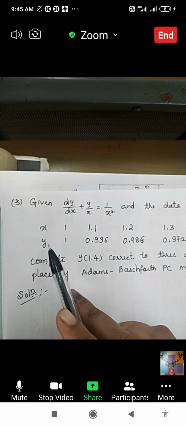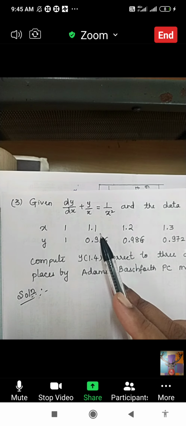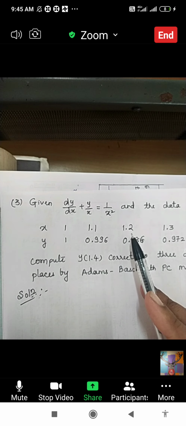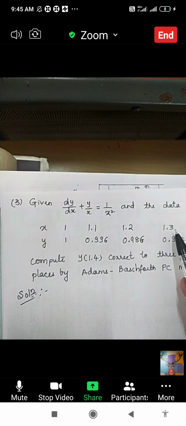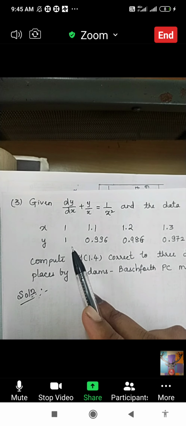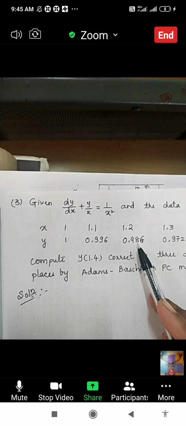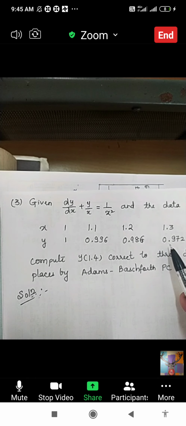Okay. Write the values of x as 1, 1.1, 1.2, 1.3. Corresponding y values are 1, 0.996, 0.986, 0.972.